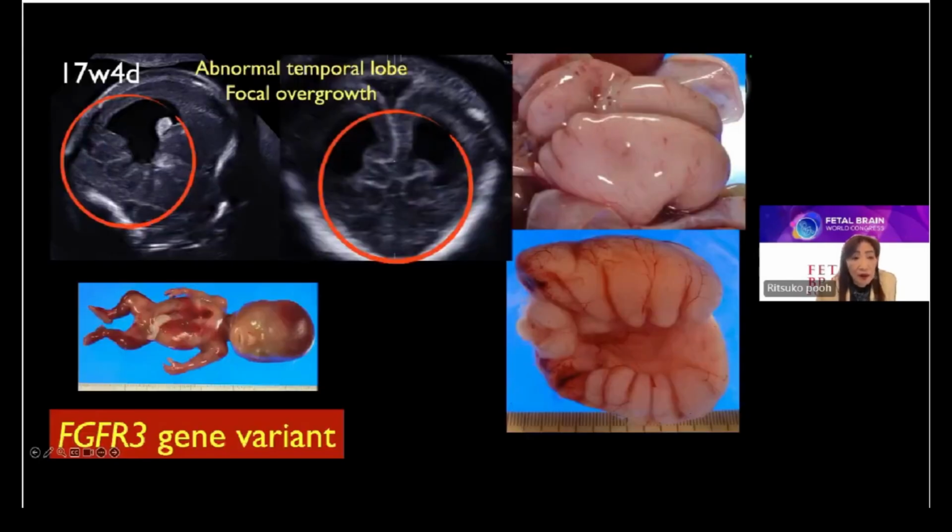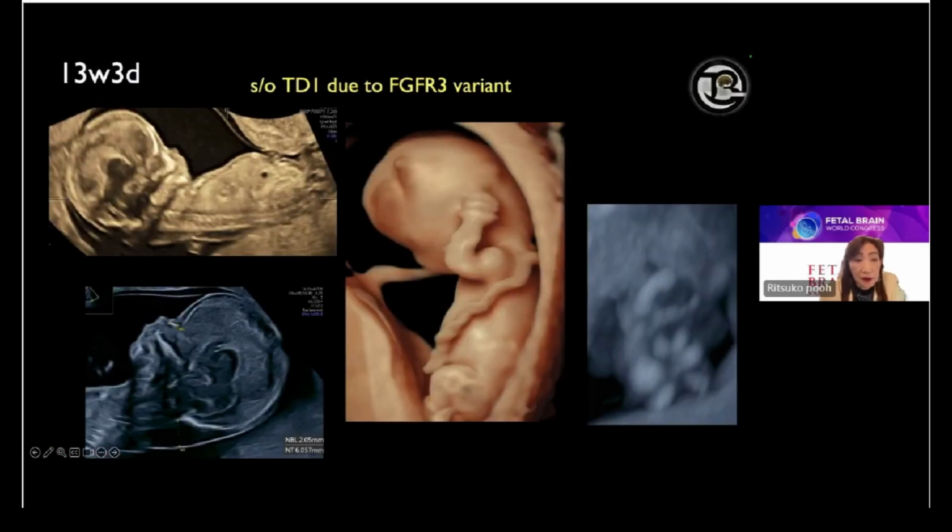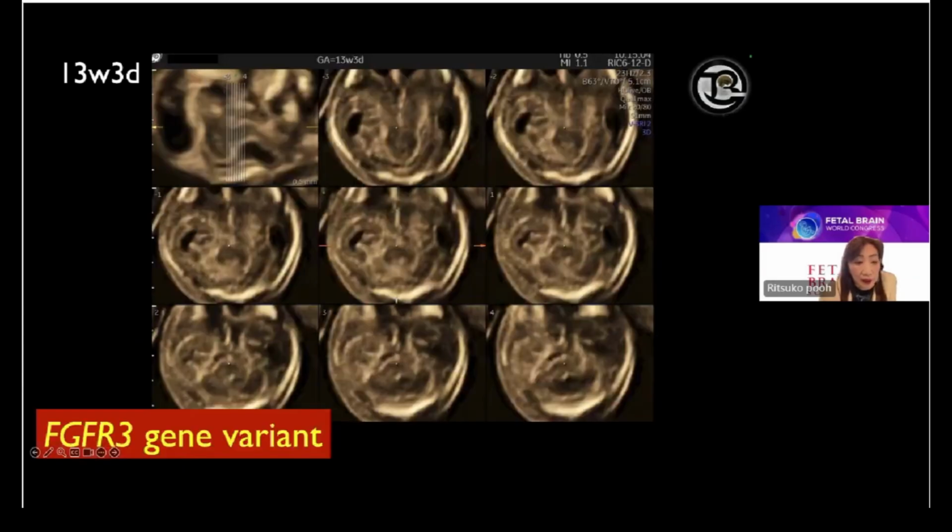Now, here you can see an FGFR gene variant, thanatophoric dysplasia, at 17 weeks of gestation, and you can see abnormal temporal lobe focal overgrowth, like here. But earlier than this, at 13 weeks and 3 days, thanatophoric dysplasia was suspected, and here is the brain, and you can see many very abnormal lines.